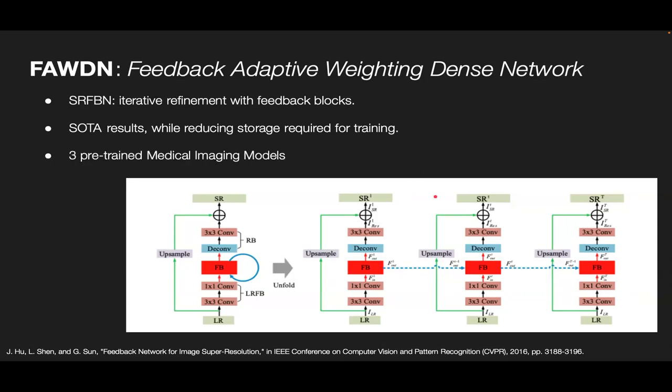In order to use this process in our architecture, we were able to find 3 pre-trained medical imaging models of this approach. Those models are 2 times resolution, 3 times resolution, and 4 times resolution. For our initial approach, we're using that 2 times resolution.